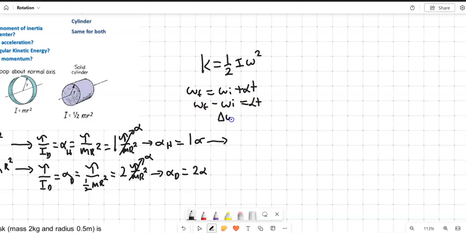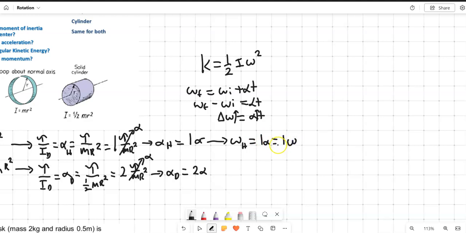So delta omega, which is the total change in omega, is going to be equal to alpha times t. Given that they're the same period of time, if alpha goes up, omega is going to go up. So to determine the omega for the hoop, if it's got 1 times the alpha, that means it's going to be equal to 1 omega.